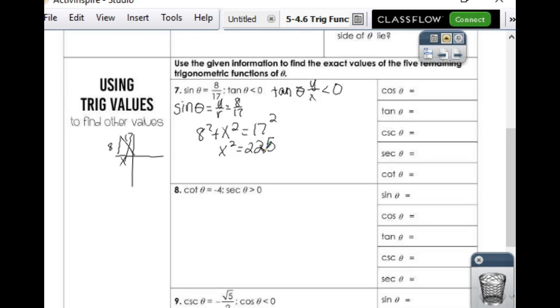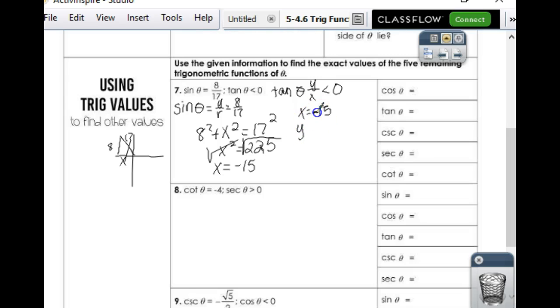So I'm going to take the square root on both sides. And when I take the square root, I can get a positive answer or a negative answer. Well, what did we say was true about the x? It was negative. I don't know why my board is writing weird. So the x is negative 15.